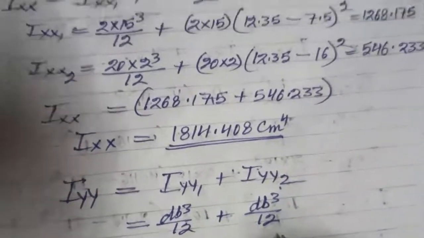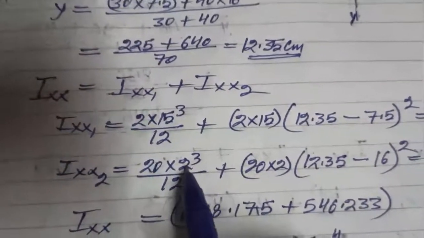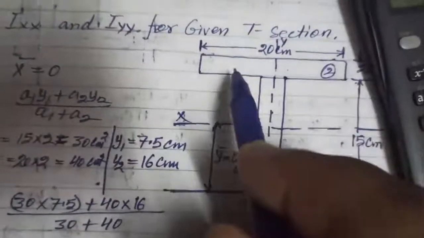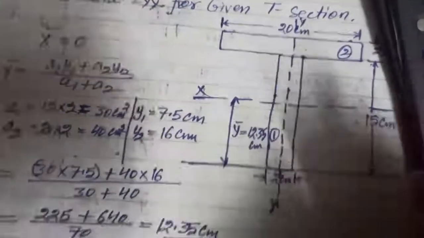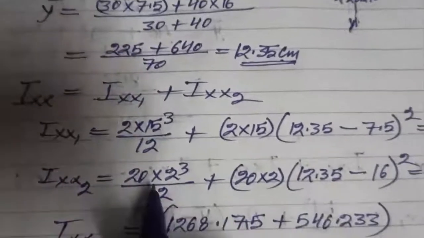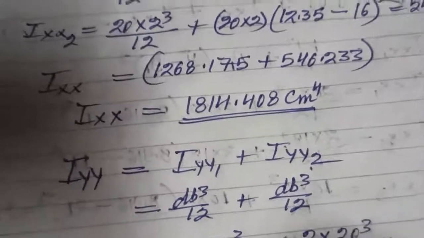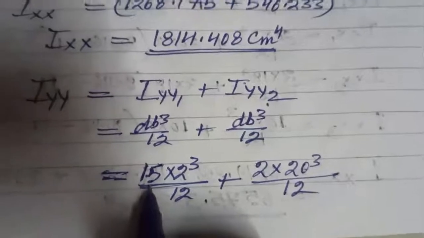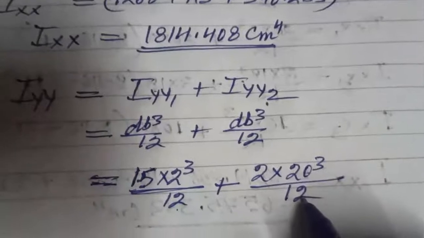Plus for the second part, the perpendicular side to the y axis is 20, so the cube of the 20 side. Here it is the reverse: 2 into 20 cube divided by 12.